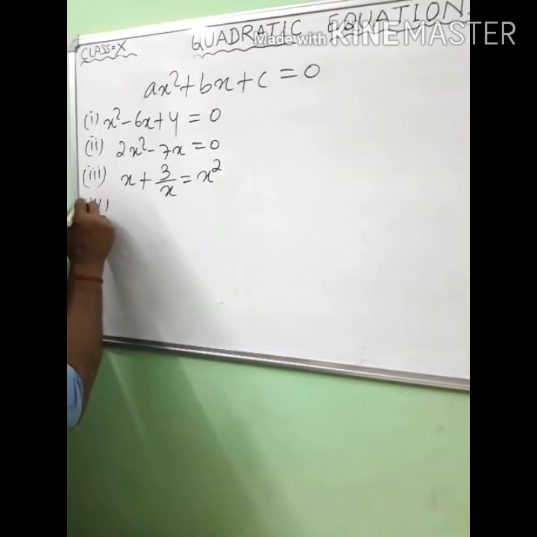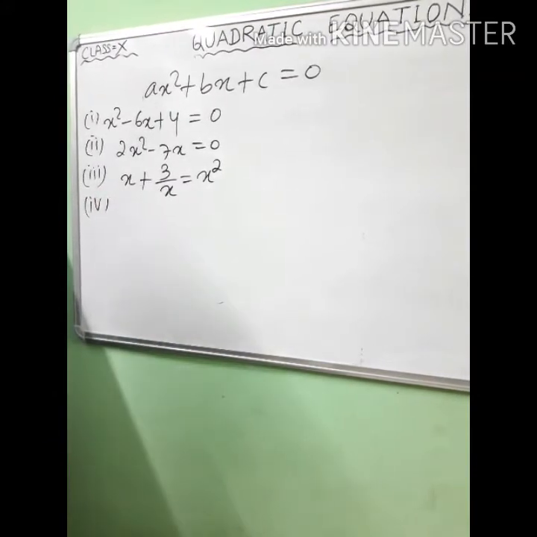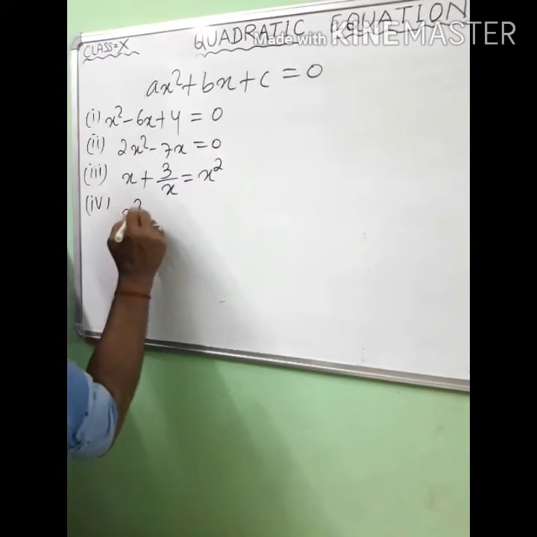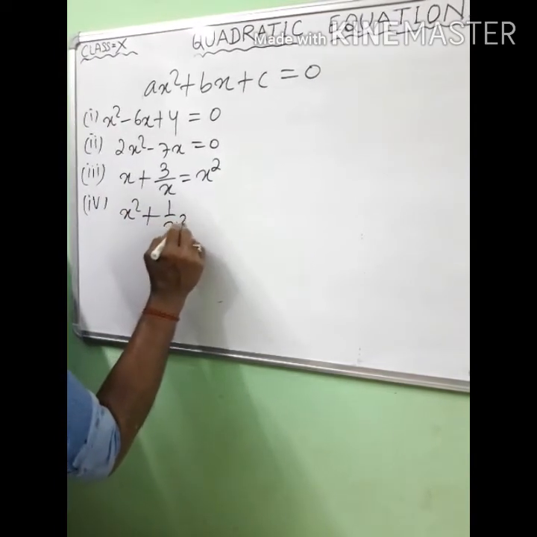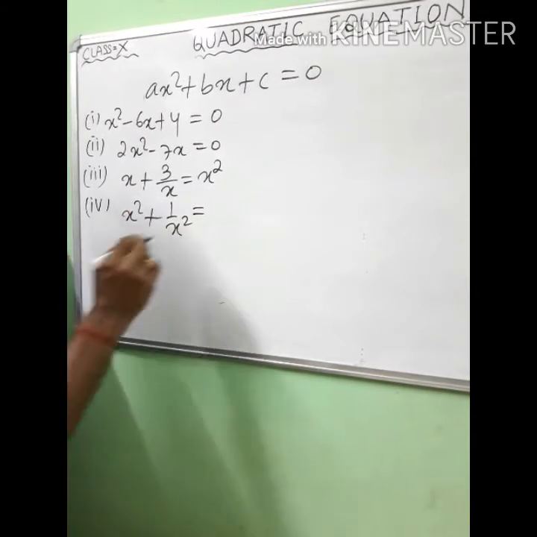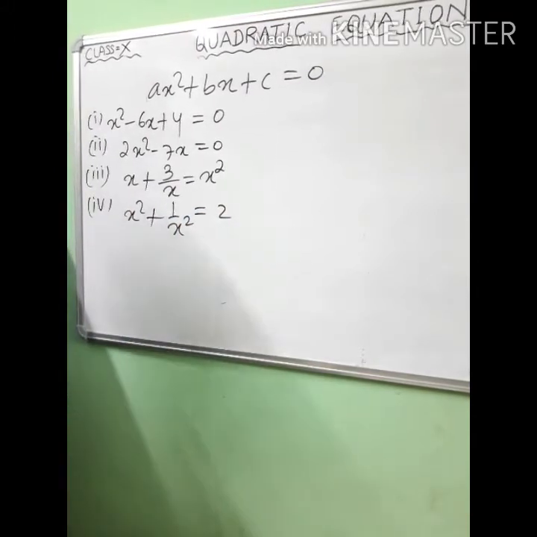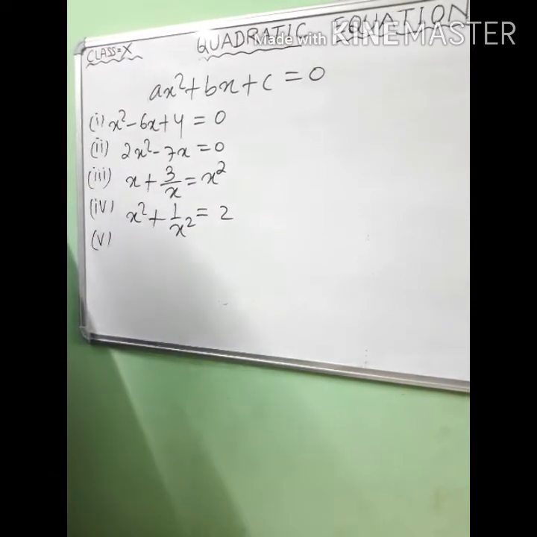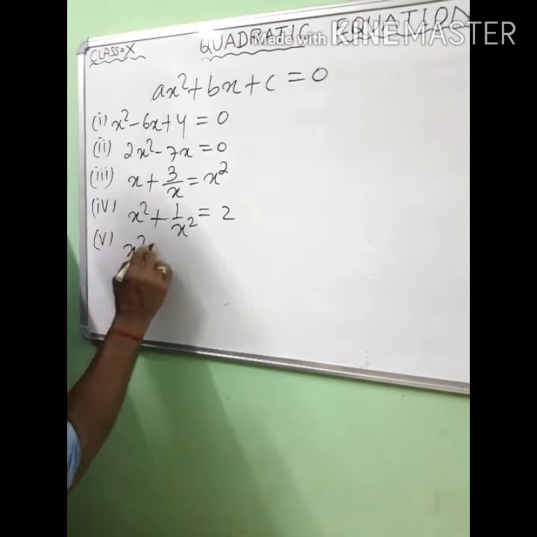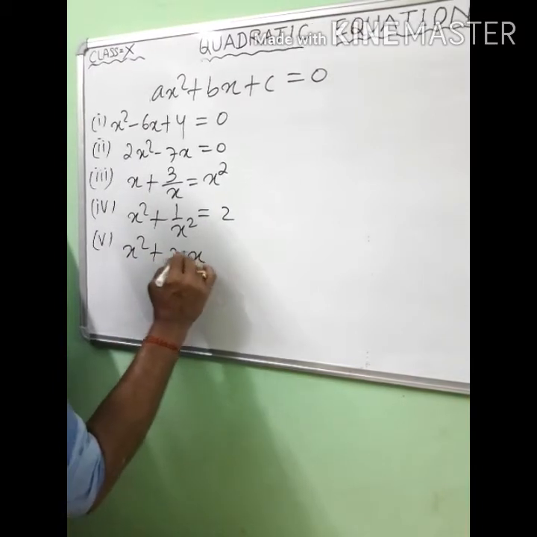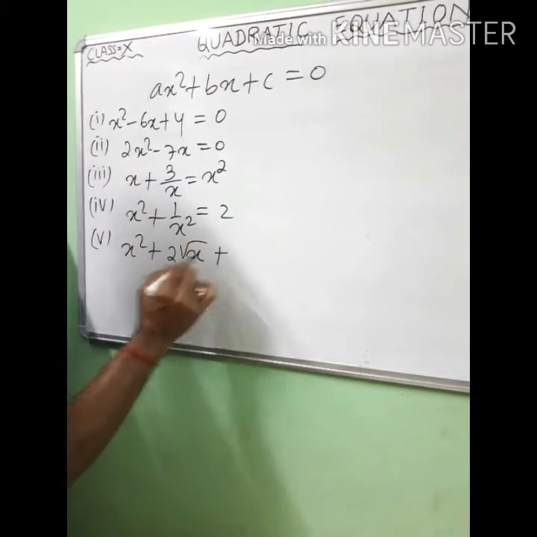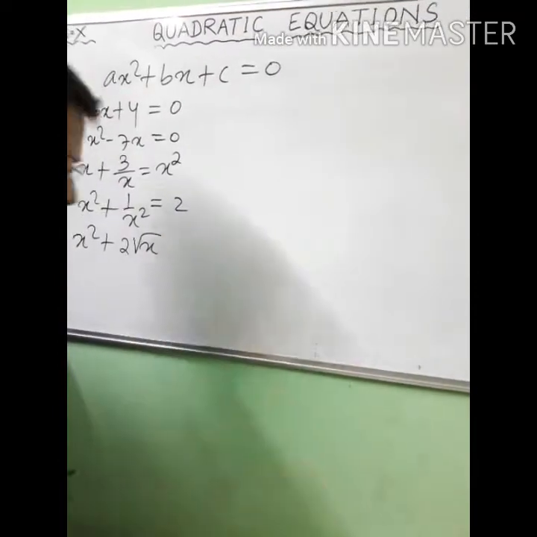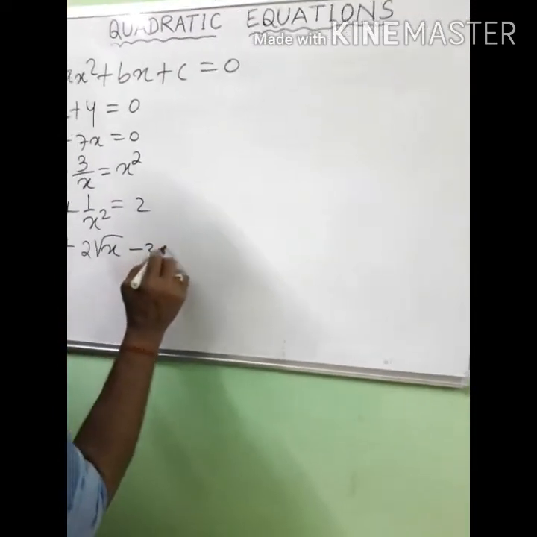Fourth one is x square plus 1 by x square is equal to 2. Fifth one is x square plus 2 root x minus 3 is equal to 0.